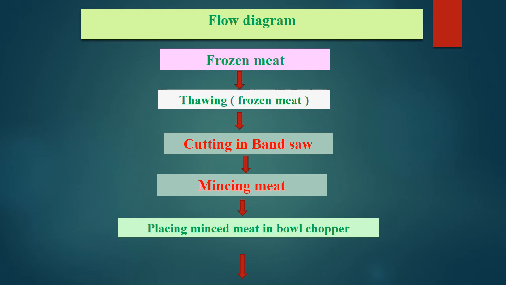We can cut the frozen meat by using the meat cutting band saw. In case of small scale, after separating the frozen meat into pieces, we have to place it into the mincing machine or meat mincer. That makes small particles, and after that it will be placed into the bowl chopper for further fine cutting and mixing with other ingredients.